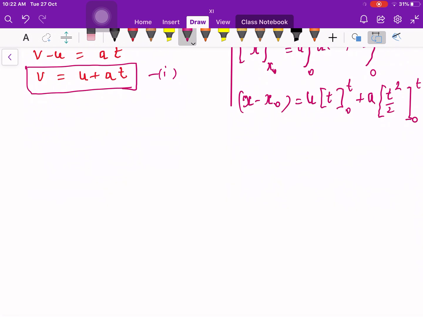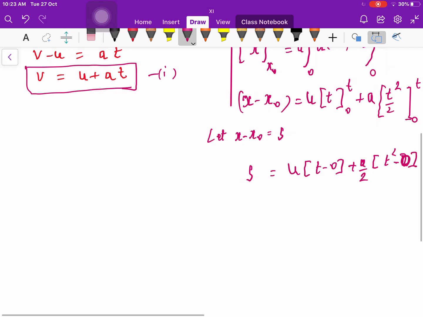Now let x minus x0 be s. So I can write s is equal to u times t minus 0, plus a, taking the 2 common, times t square minus 0.